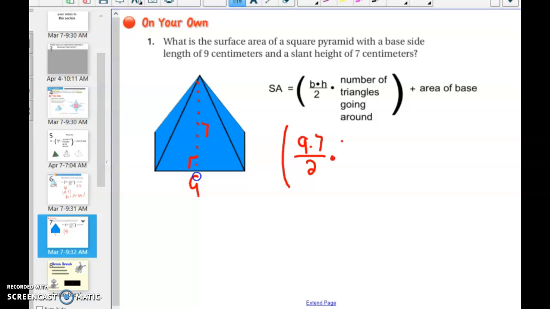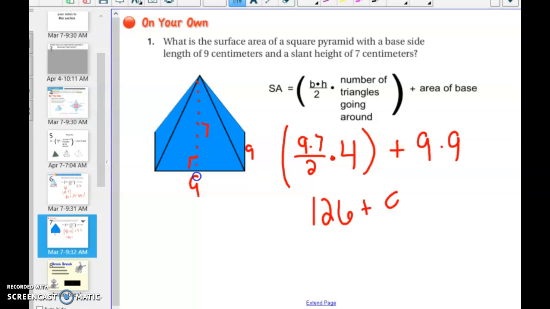Then I would times that by 4 because there are 4 triangles going around this square pyramid. That gives me 126. Now because this is a square pyramid, the area of the base would just be 9 times 9, which is 81. And then I would add those two measurements together. That's 207, and this one would be centimeters squared.